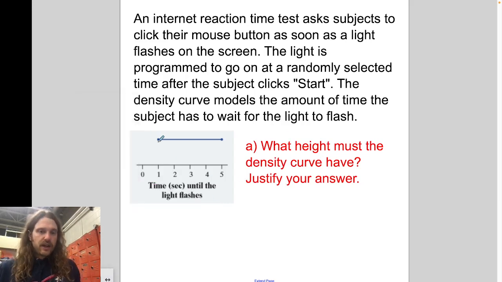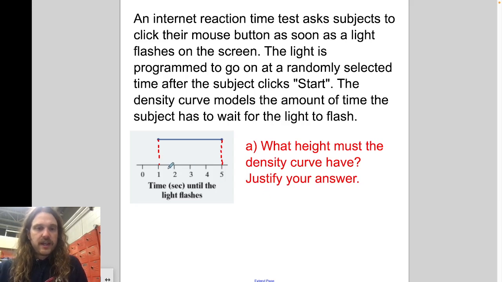So here's our density curve. I know that under this curve, you have to have the area 1, and that forms a rectangle. So to find the height of the curve, let's do it from the start here.